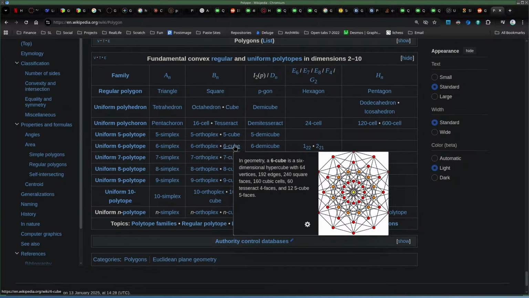So a two-face is a square, and then a cubic cell is a three-face. 60 tesseract four-faces, 5-cube 5-faces. So a 5-cube is also a 5-face. Very confusing. It even seems wrong actually. What's the 5-cube doing there? It's just nonsense. The 5-cube should not be here.